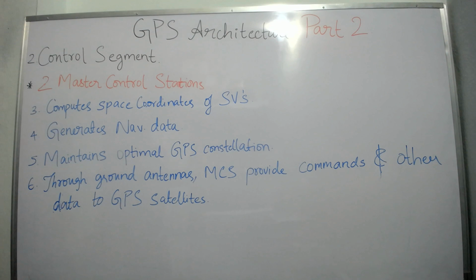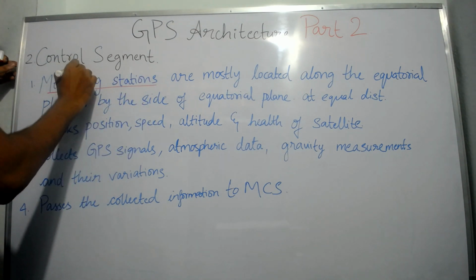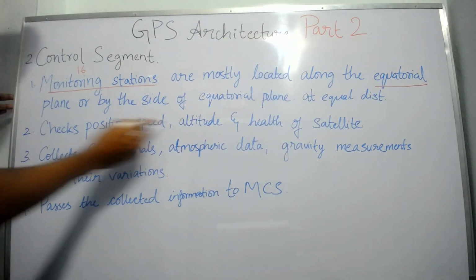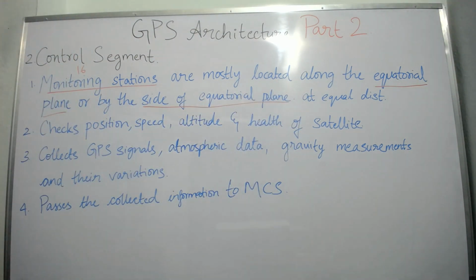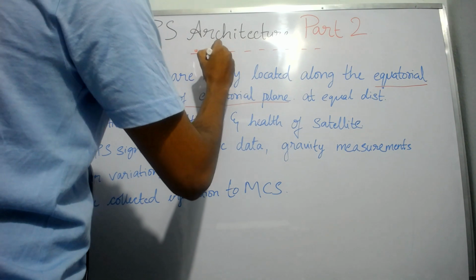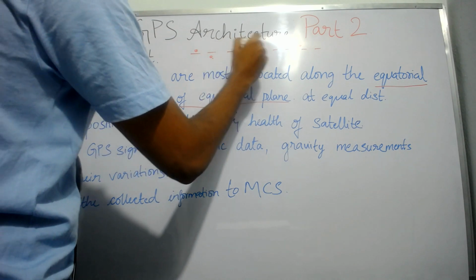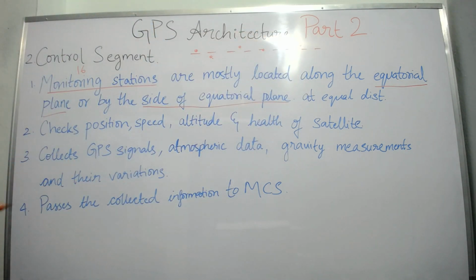Now let's move on to monitoring stations. As I mentioned, there are 16 monitoring stations, which are mostly located along the equatorial plane or on the side of the equatorial plane at equal distance. That means, suppose this is the equator. The monitoring stations are located along the equator or beside the equator at equal distance.